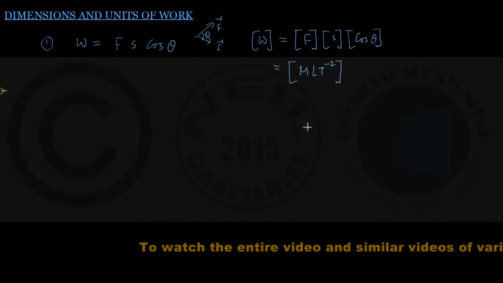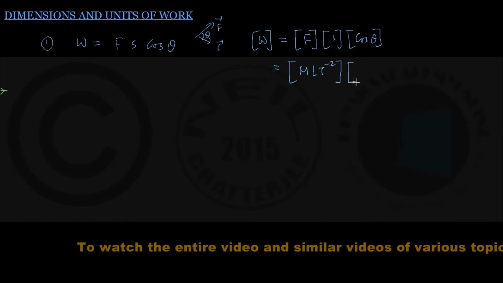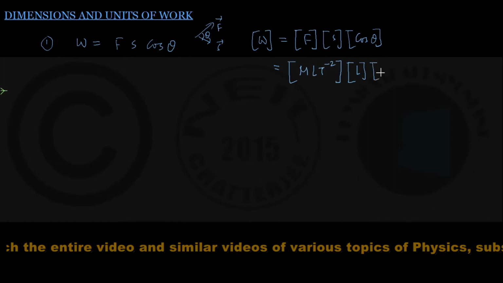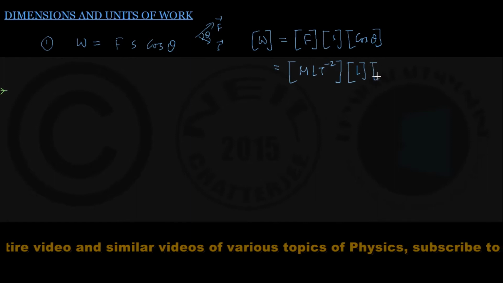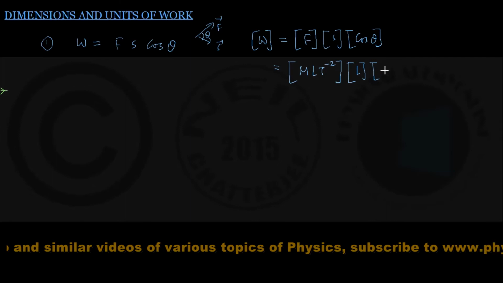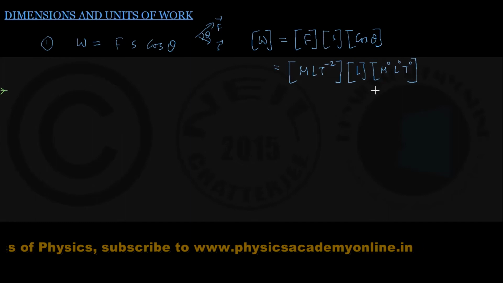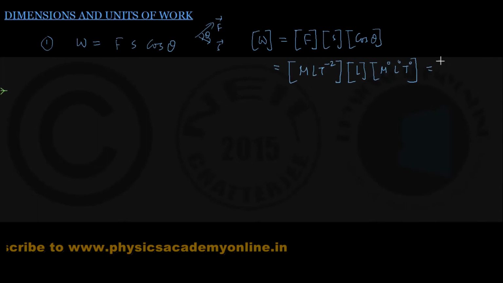This is the dimensional formula of force. Displacement is a length, so its dimension is L, and cos theta is the ratio of two lengths, base by hypotenuse in a triangle, so that is just a dimensionless number. Either you write nothing, or you can write formally M to the power 0, L to the power 0, T to the power 0. You might even omit it, and the dimension of work comes out to be M L square T to the power minus 2.